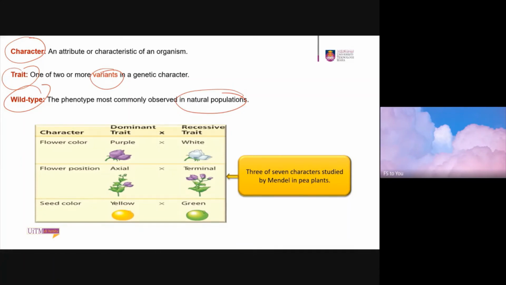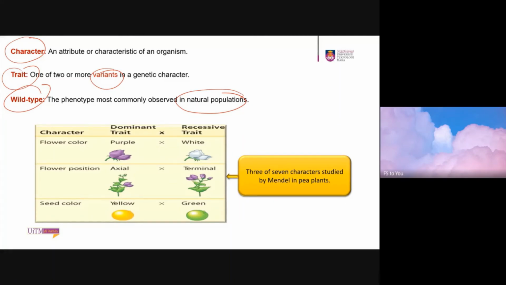Original genotype and phenotype sebelum berlakunya mutation. Okay, mutation akan berlaku dan menghasilkan pelbagai alel yang akan menghasilkan pelbagai phenotype yang baru. Okay, so wild type adalah yang original dia. Faham? Kalau macam kita, contohnya kita, yang original kita bukan macam ni sebenarnya, kan?